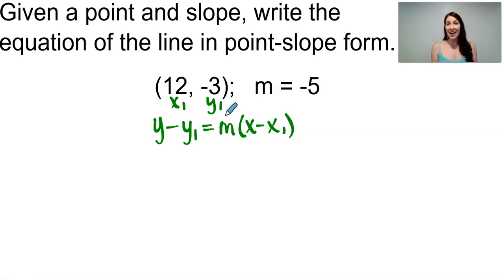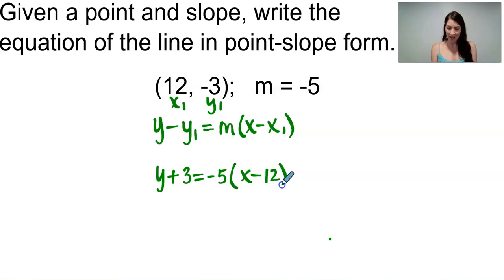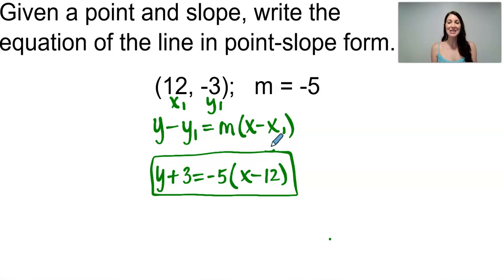Simply plugging these values into point-slope form, we would have y minus, and here we would need to subtract a -3. Well, if you subtract a negative, we can change that to +3, equals the slope, -5, times x minus x1, which in our case is 12. And there is the equation given the point and slope in point-slope form.